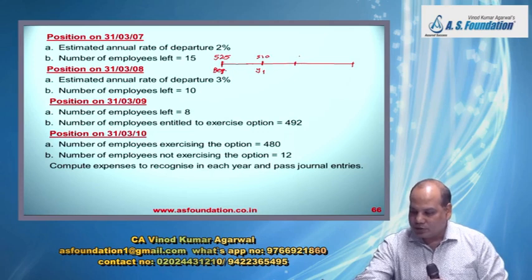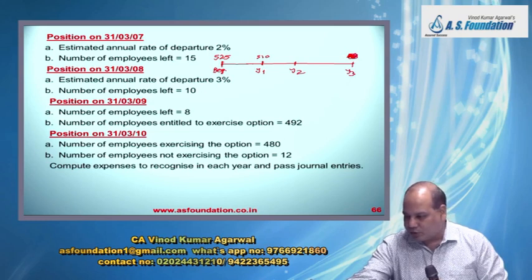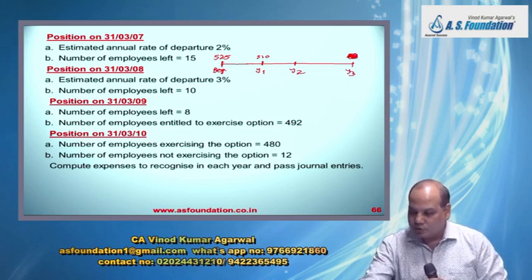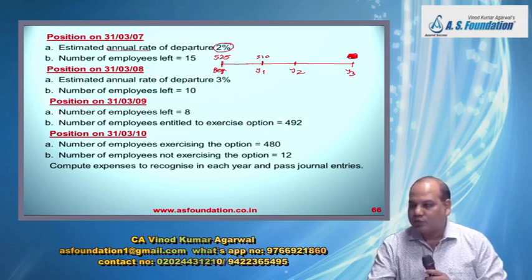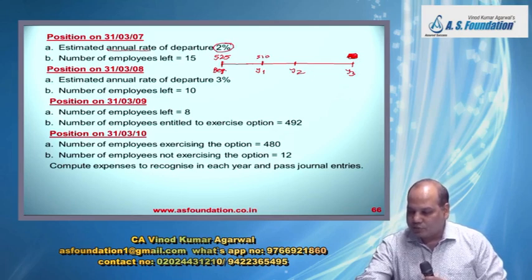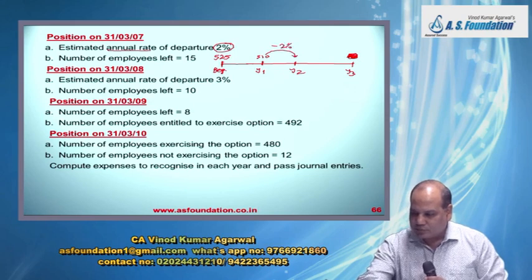But we have to estimate how many employees would be there till the end of year 3. That we have to estimate. So what they are saying, there is an estimated annual rate of departure of 2%. Which means what you will do, 510 minus 2% will give you the estimated number of employees in year 2. Again minus 2% will give you estimated number of employees at the end of year 3.